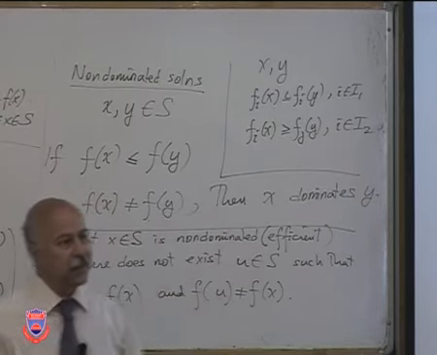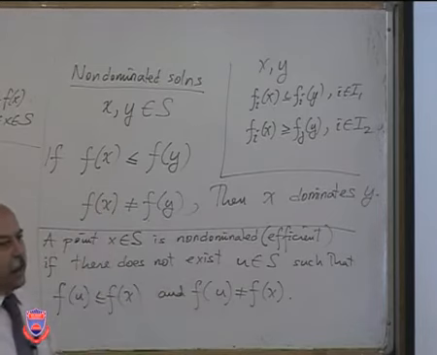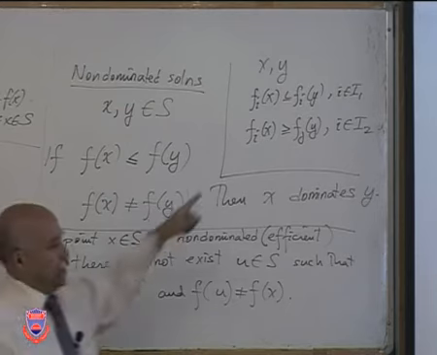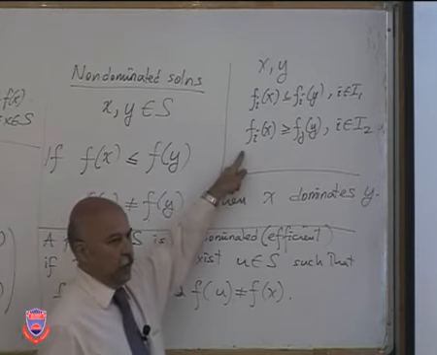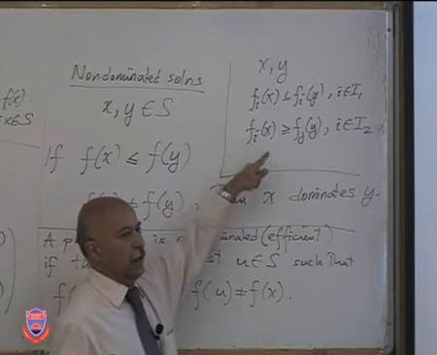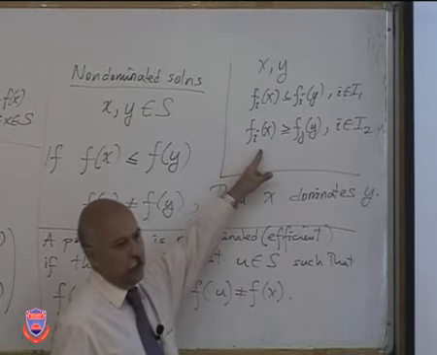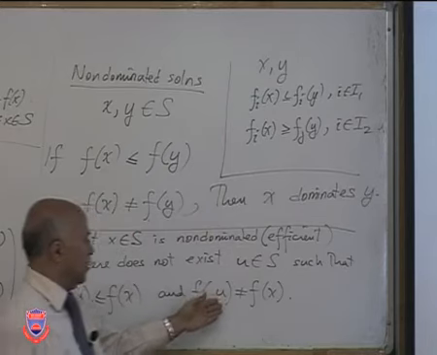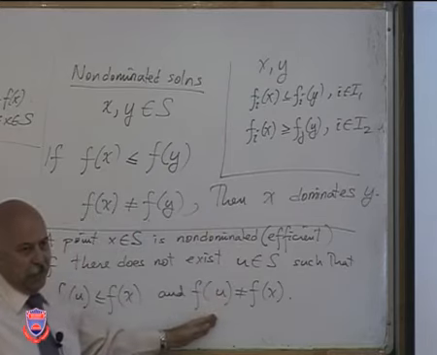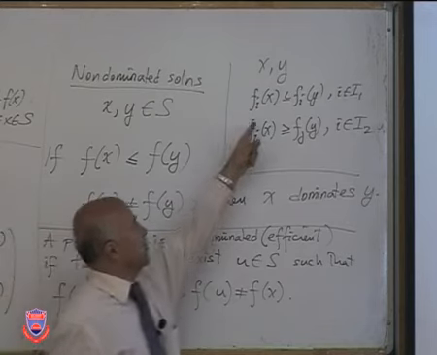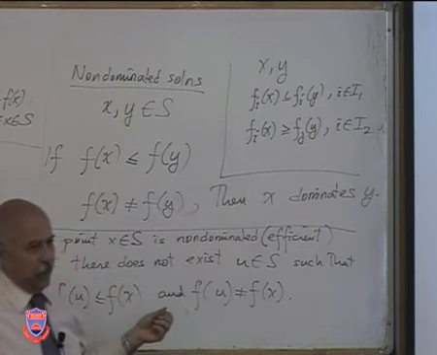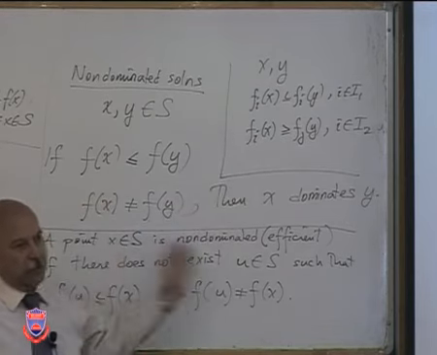So for this case, both x and y are efficient? We don't know. Neither one dominates the other one. We can only say that, but they could be efficient or may not be efficient. It depends on all the rest. In order for a point x to be efficient, you have to consider the rest of the points.